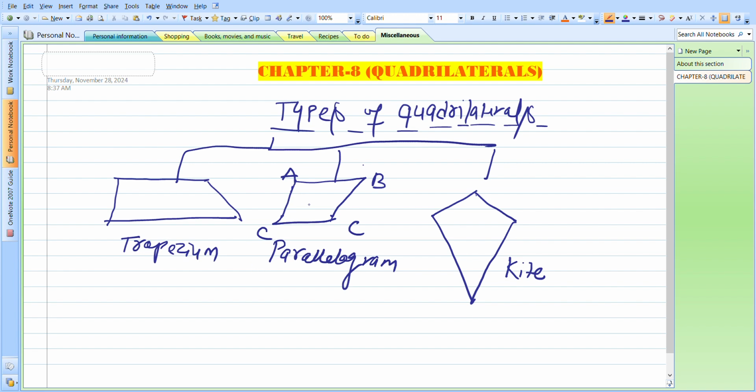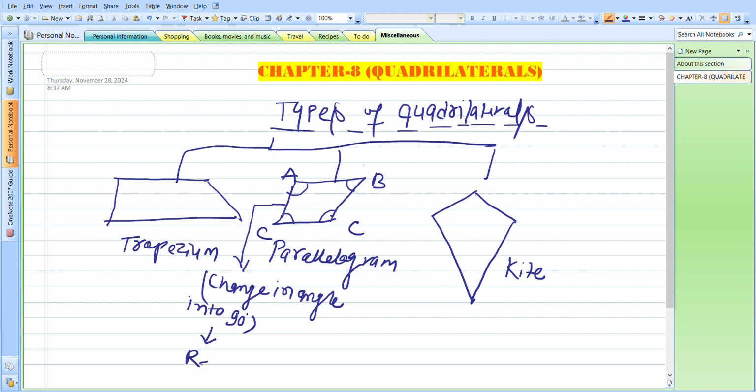When we change any angle of a parallelogram into 90 degrees, it becomes a rectangle.